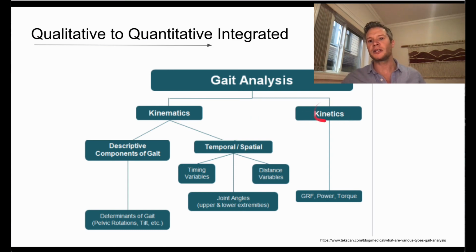All right, then last but not least, we have our kinetics. So that's anything with force: ground reaction force, power, torques. That's kind of the primary ones that we use. Okay, and so to give a truly integrated model of gait analysis, you really want to try to use everything and combine them, right?